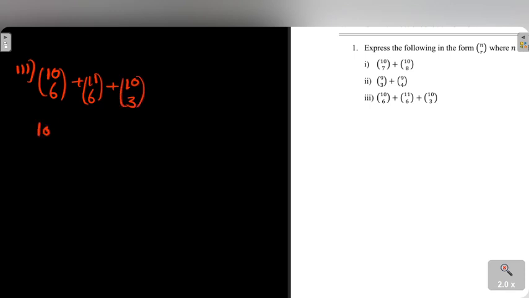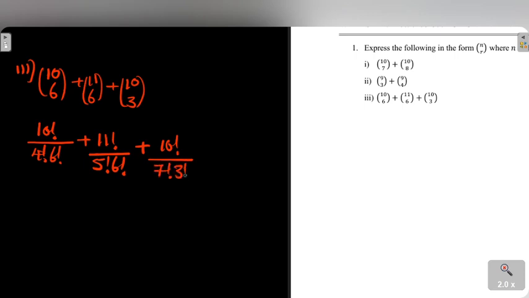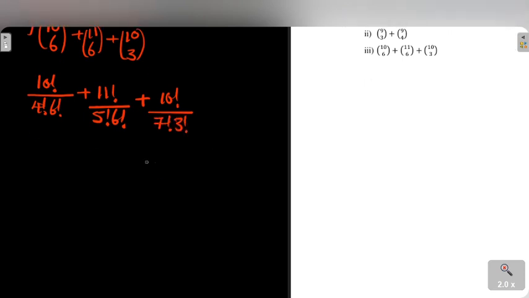You start with 10 factorial over 10 minus 6, it will give us 4 factorial, then 6 factorial here, plus here we have 11 factorial over 11 minus 6, that will give us 5. So 5 factorial 6 factorial, plus then we have 10 factorial over 10 minus 3, 7 factorial 3 factorial. That's what we have.